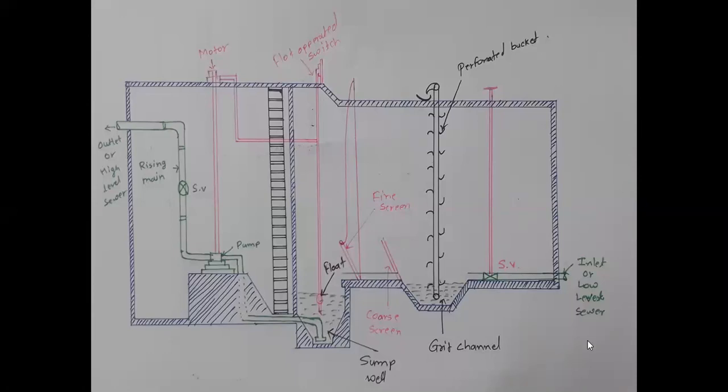Now here you can see, this is a pumping station. What example had I given you about the pumping station? The pumping station is established in Gopalpur village, near that particular river. The entire sewage from the city is collected and transported towards the Gopalpur area.